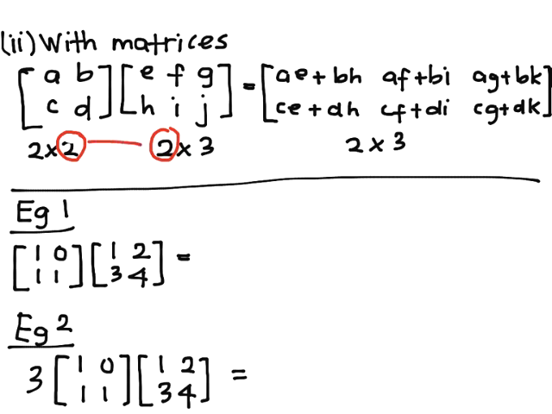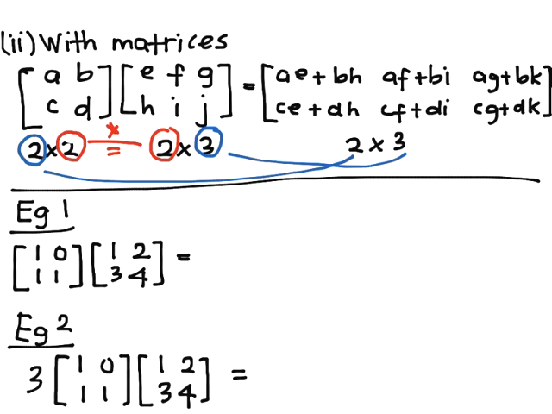If they have the same value, then we can multiply. After we multiply, the size of our answer will be the first matrix row and the second matrix column, which is 2 and 3. So that is the size of our resulting matrix.